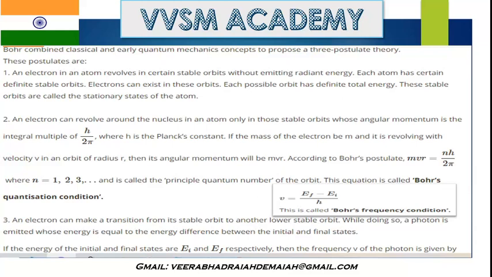While doing so, a photon is emitted whose energy is equal to the energy difference between the initial and final states. If the energy of the initial and final states are EI and EF respectively, then the frequency v of the photon is given by v is equal to (EF minus EI) divided by h, where h is the Planck's constant and EI is the initial energy, EF the final energy.